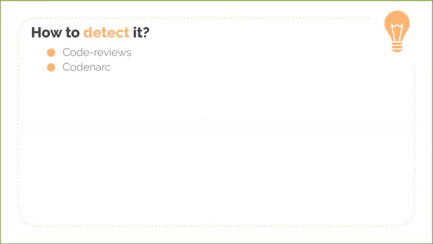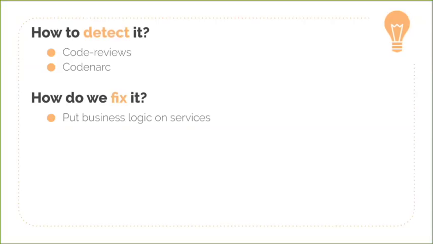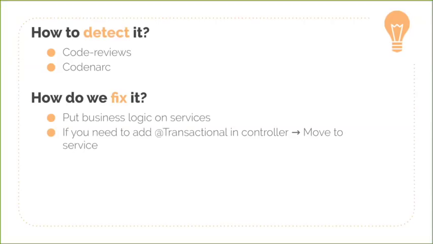And if there is some action or controller annotated with @Transactional, then CodeNarc will warn you and the build should fail. So we fix it just by putting the business logic on services. That's all you need to do. So if you think that you need to add @Transactional on a controller, don't do it and move that code to the service layer, and that's all.